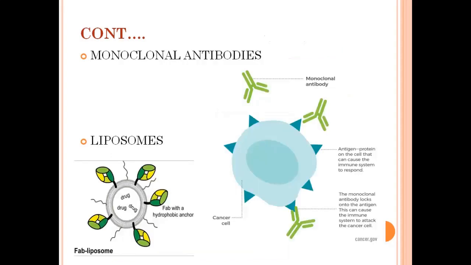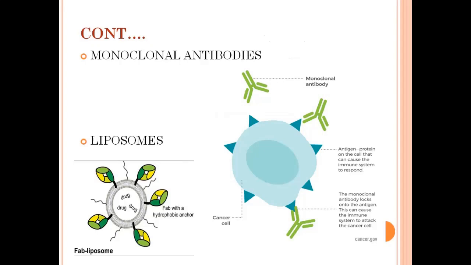The next method is monoclonal antibodies. The monoclonal antibodies are used especially against the tumor-specific antigens and are used to deliver anti-cancer drugs to specific tumor cells. Here in the image, we can see how exactly this monoclonal antibody acts.